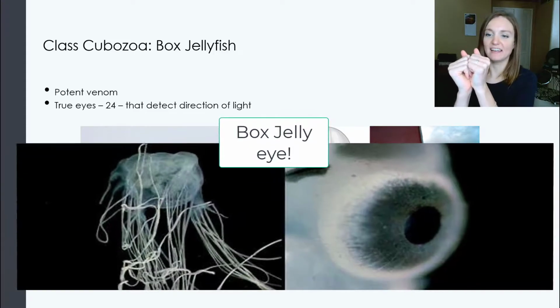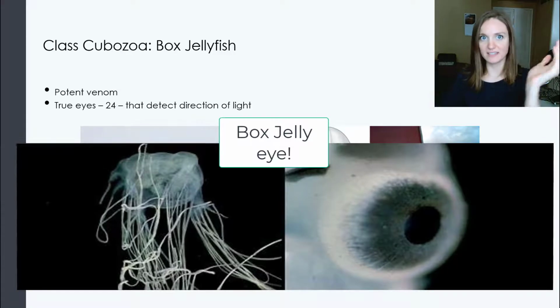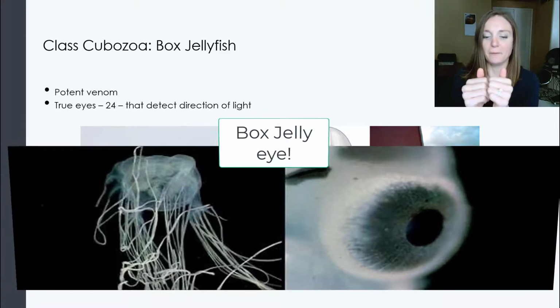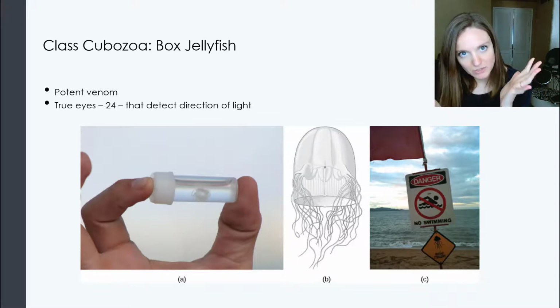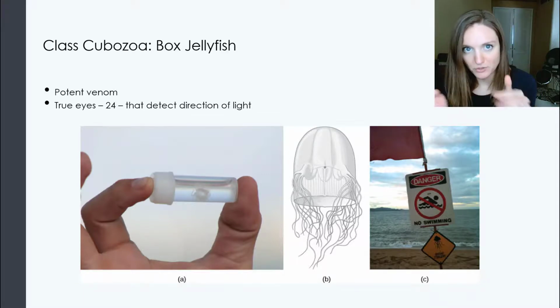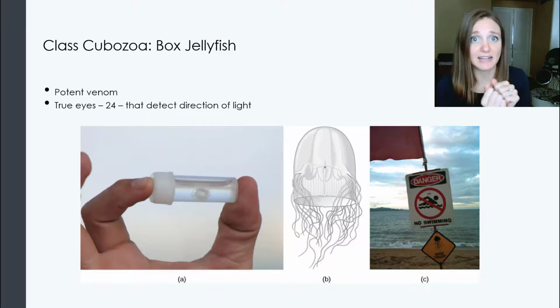So they have a pair of light-sensing organs, and there are 12 of these that surround their entire body. This gives them basically directionality to the light. They can't see images, right? Our eyes form images. I can see the computer that's sitting in front of me. They just basically tell light or dark with these eyes.